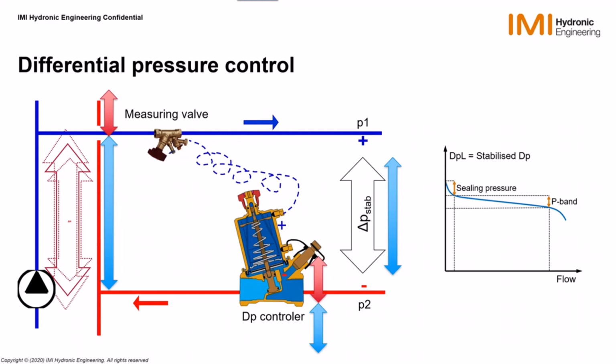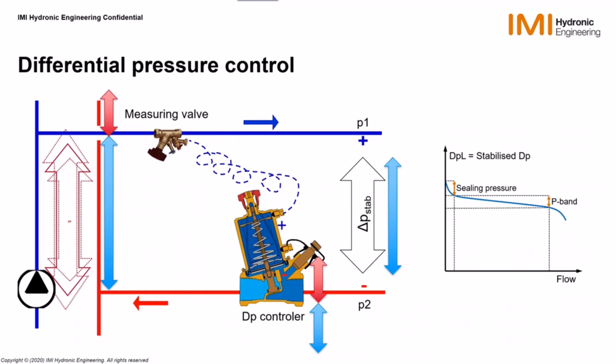This little increase of the load delta P at closure of the differential pressure controller, we call the ceiling pressure. This shows what the controller is able to really intercept as differential pressure. It doesn't let more than a few kPa go on the load when going to zero flow.